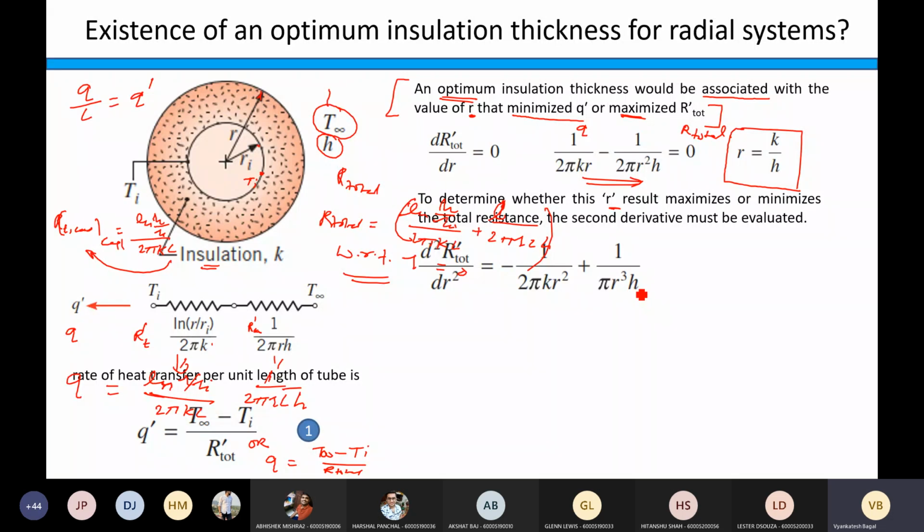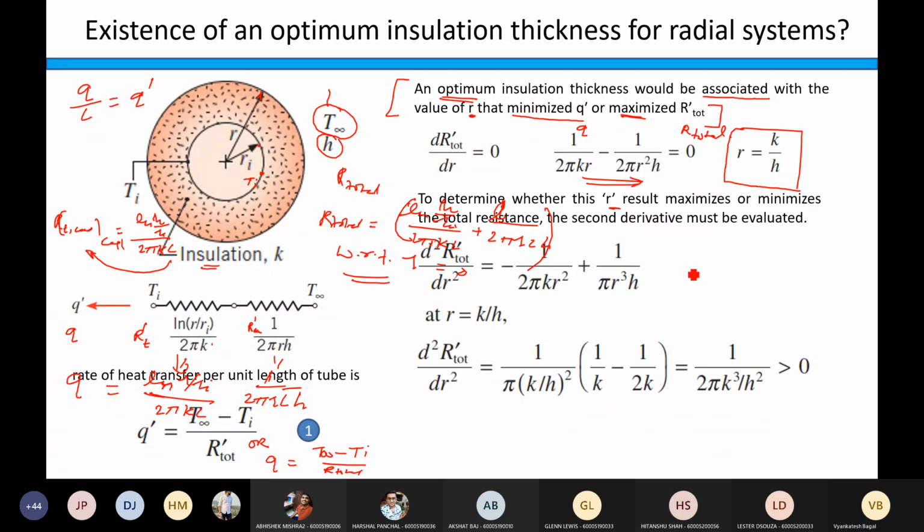Evaluate the second derivative using this value of r equal to k by h. Put r equal to k by h in this expression and find out what you get. After this mathematical simplification, what you get is 1 upon 2 pi k cube divided by h square.